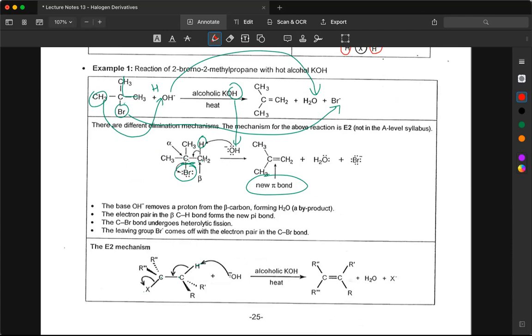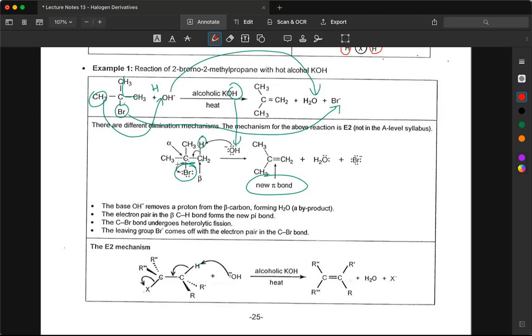The electron pair in the beta C-H bond forms the new pi bond, the double bond. So when the H is removed, this bond comes down here and forms a new pi bond. At the same time, the C-Br bond undergoes heterolytic fission. So there is a cleavage of the bond here.